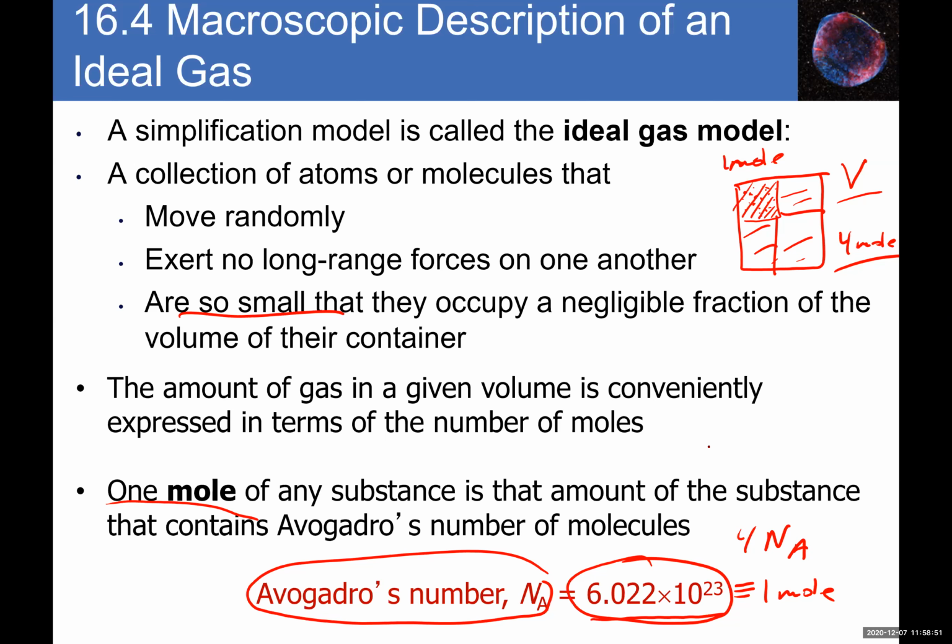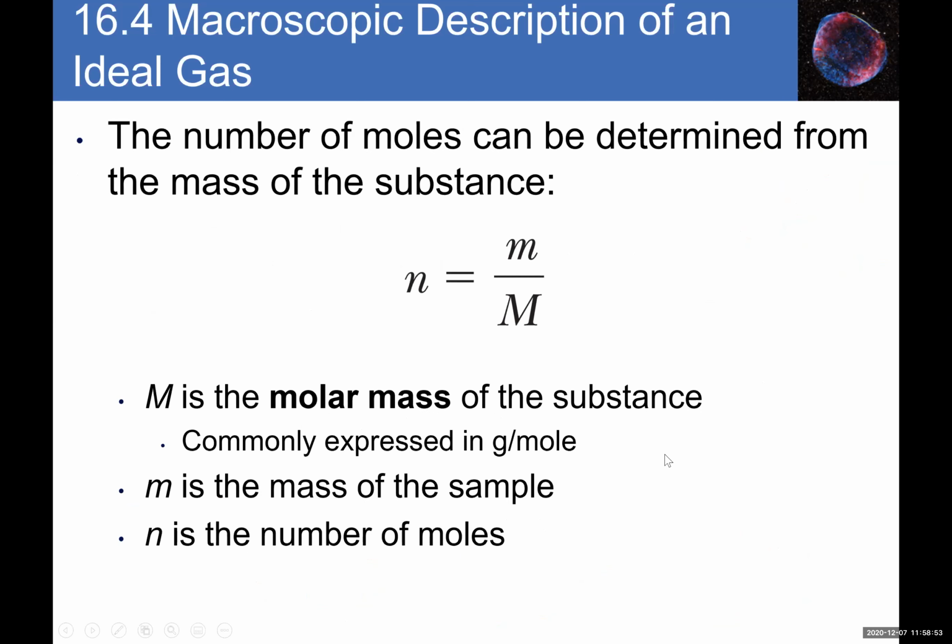So you can say this n, which is the number of moles, can be determined two different ways. One is what I just showed you: the number of moles is the total number of molecules divided by Avogadro number. Because remember, the total number of molecules equals n times Avogadro number.